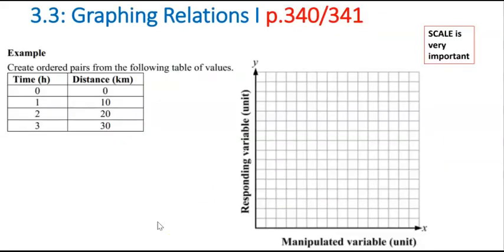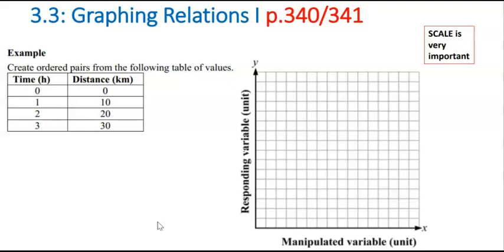In this course, it'll be very important for you to be able to create your own graphs using tables of values and creating your ordered pairs. The biggest mistakes I see are with scale. Scale is very important, and so we're going to spend some time talking about it. What we have in this table is a relationship between time and distance.